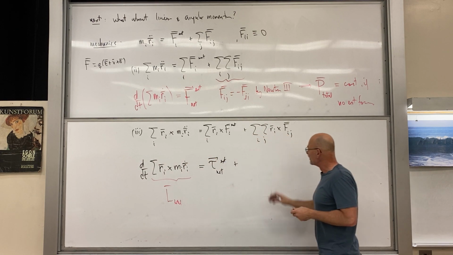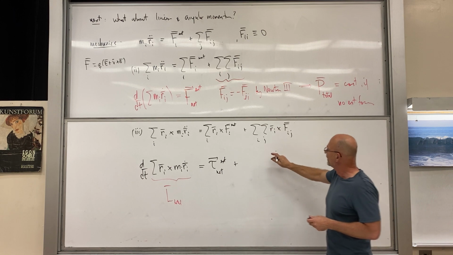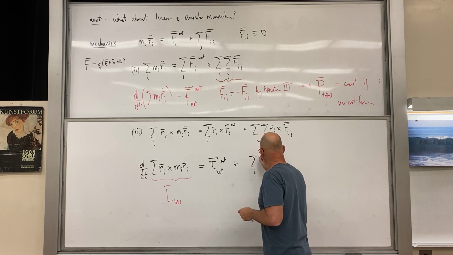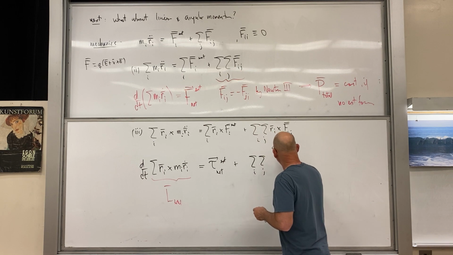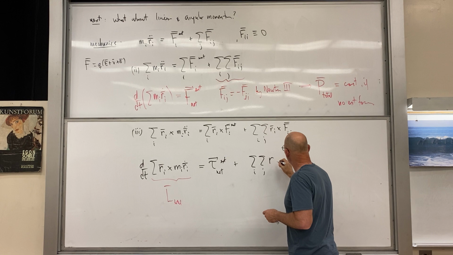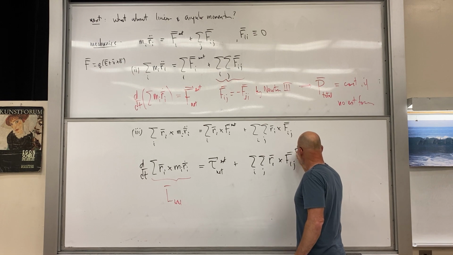Same argument, but we have to bring this to vanish, and the way we do that is, we've got i and j, we have r sub i cross F_ij.